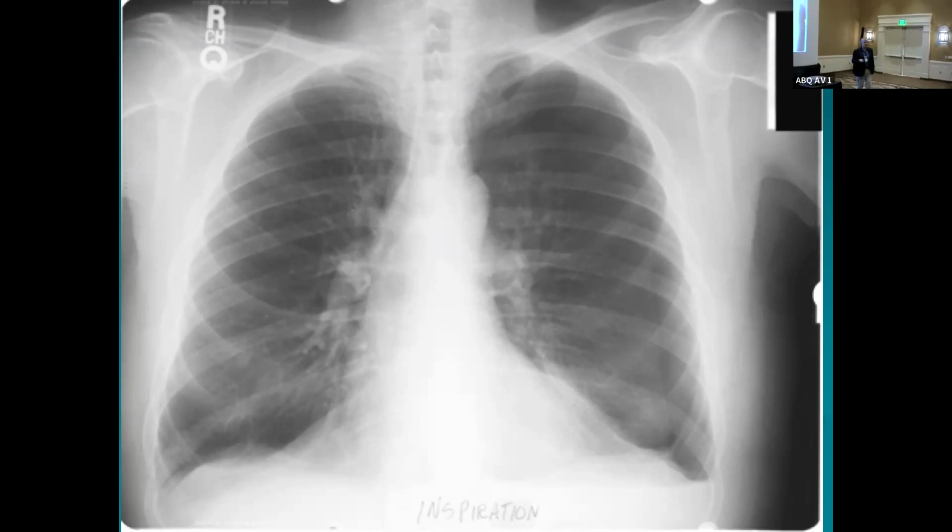Left pneumothorax, exactly right. You're thinking, wow, okay, look right here. You can see I've got good lung markings right in through here on the right side. But as I come onto the left side and come up here, I can see that line right through there, and it gets a little clearer on the other side.